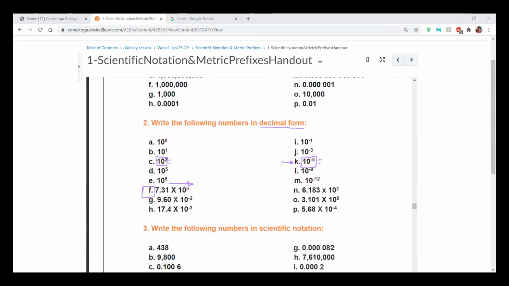The exponent indicates how many times we skip our decimal point to the right. So we have our 7.31, and we skip the dot: 1, 2, 3, 4, 5. And then we stop right there.